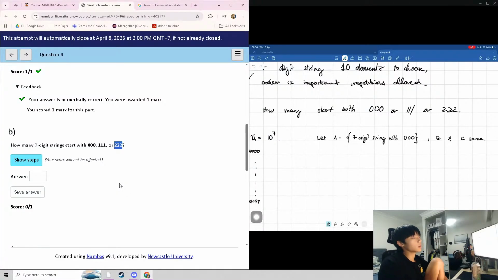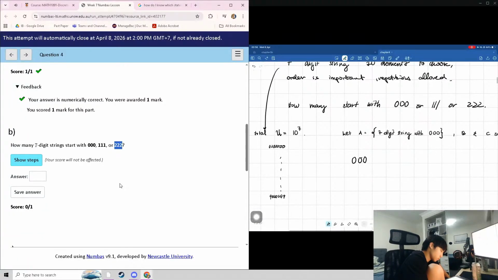So do I assume that 0, 0, 0 is 3 to the 7 plus 3 to the 7 plus 3 to the 7?